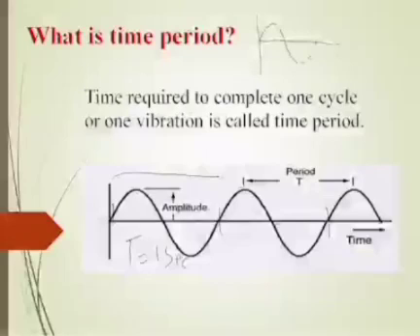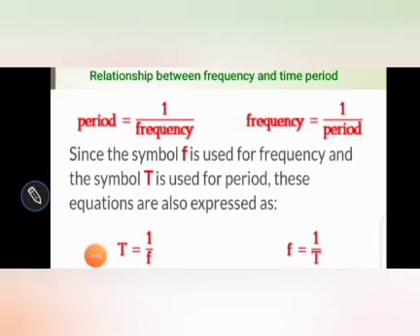If it completes this one vibration in 2 seconds, then the time period of this vibrating body is 2 seconds. So we can say that time period is basically the time that is required by a vibrating body to complete one complete vibration.